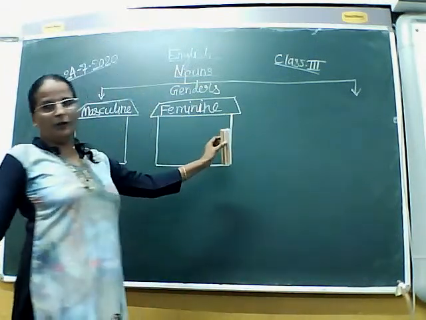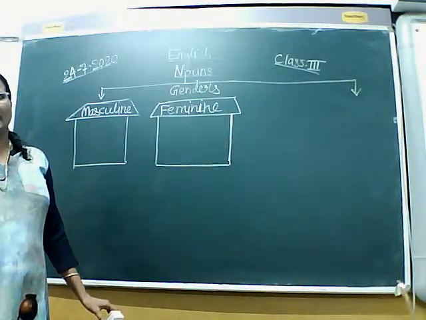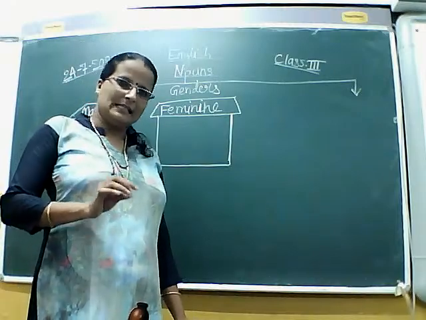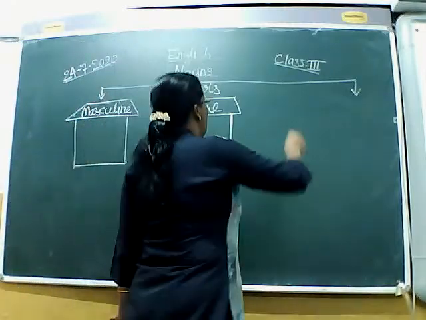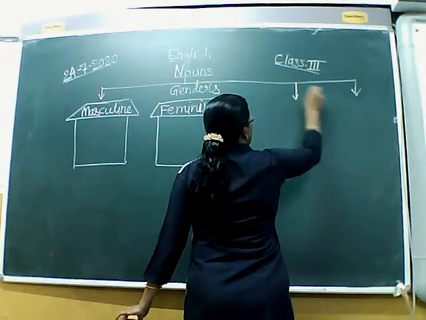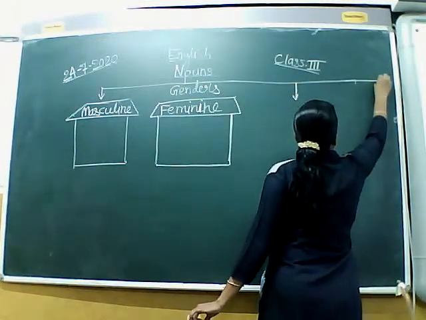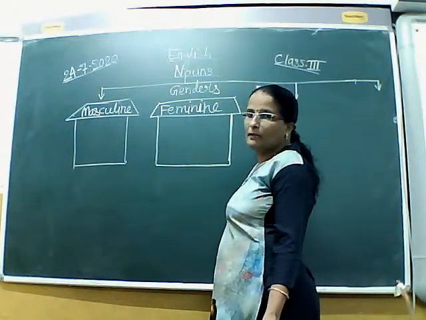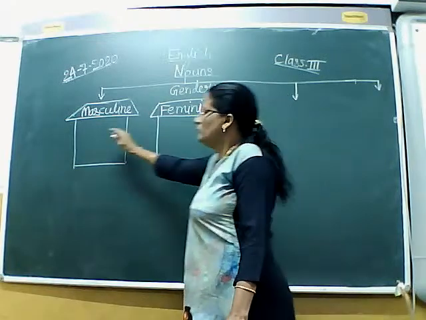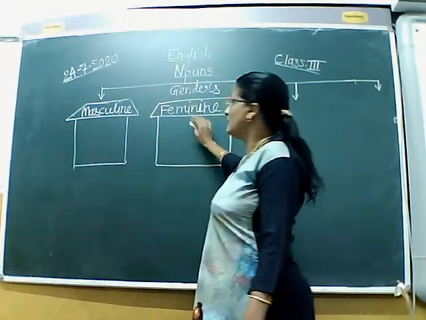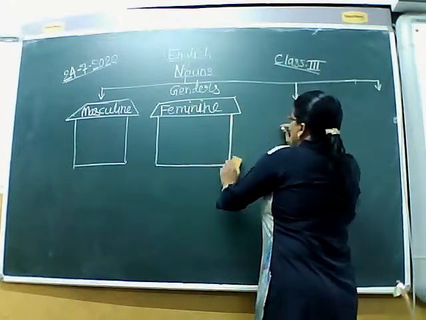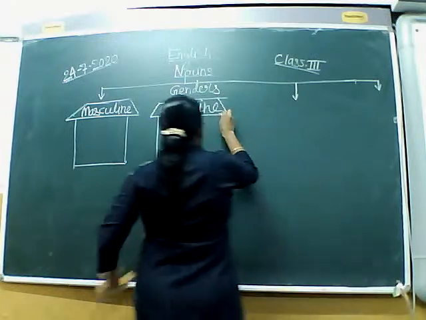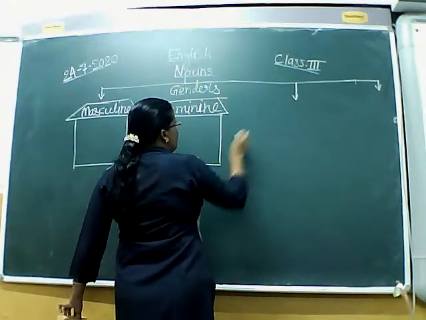And I know you know already about these 2 houses because you have learned about them in your second standard itself, right? So now we are going to add 2 more new houses. The members of this house became too much. So they cannot stay in this house alone or in this house alone. So we are going to build new houses for the members of this gender family.